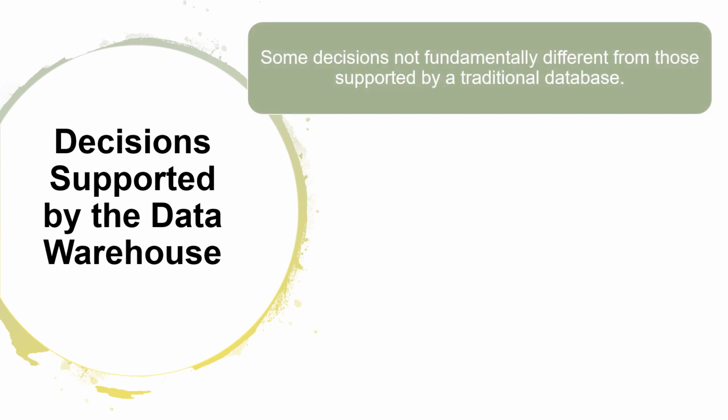Some decisions are not fundamentally different from those supported by a traditional database, because a traditional database will generate some information. Let's say it can generate the financial statement, some indicators, and so on.